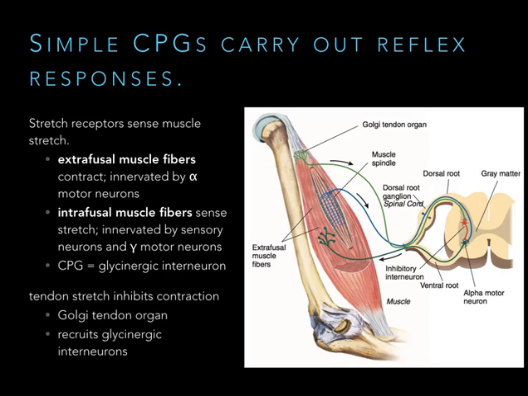So if we're shortening that muscle that we see here, and we start to pull on the tendon, activation of those stretch receptors recruits that inhibitory interneuron shown in the cartoon that's going to help turn down the activity of that motor neuron so that it stops causing muscular contraction, right? Because we're potentially going to injure ourselves because we're now starting to stretch our tendons. So the muscle is just putting out more force than we might be able to handle. So this reflex prevents us from damaging that connective tissue.